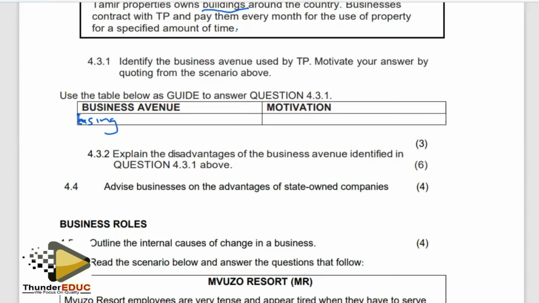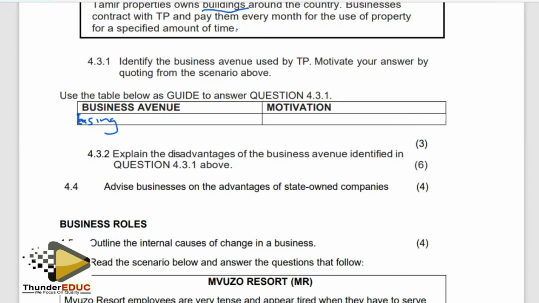So the lessee is going to use it for a given period of time, and the leaser is going to own it again.